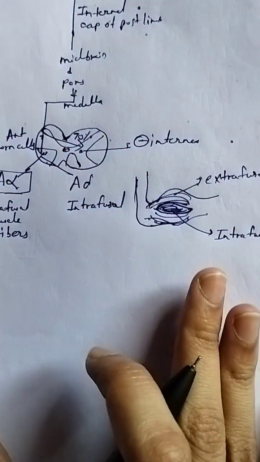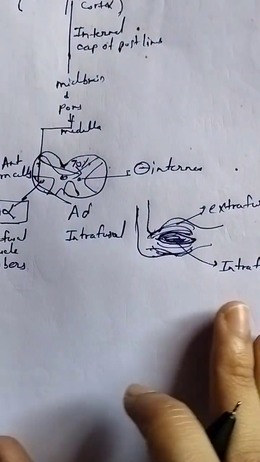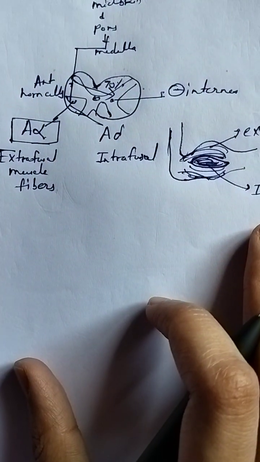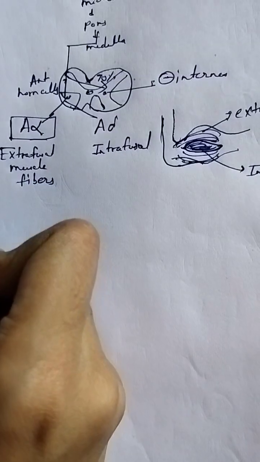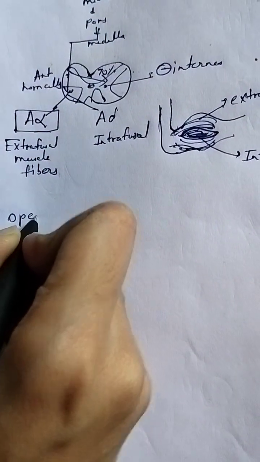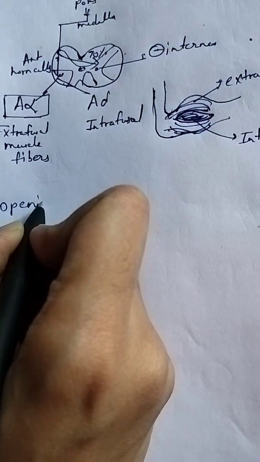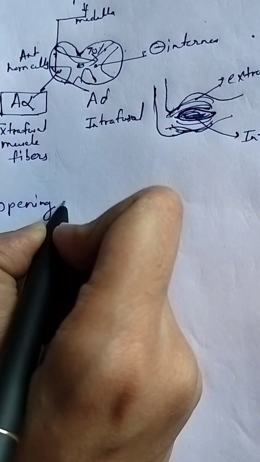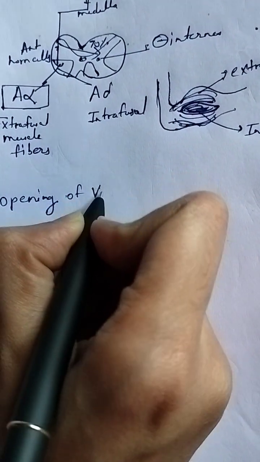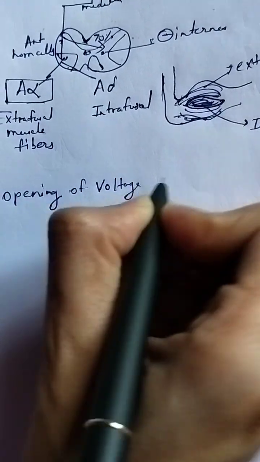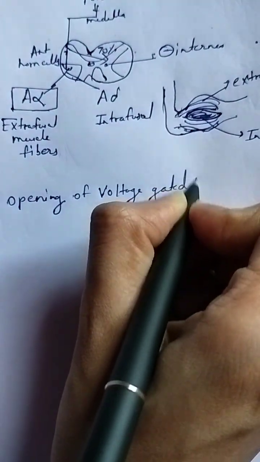So what is the NM junction? That is the neuromuscular junction. In the neuromuscular junction there are some steps. First is the opening of the voltage gated sodium channel.